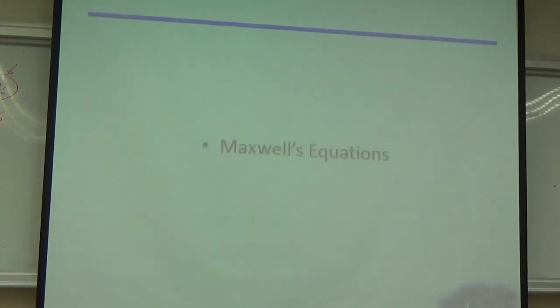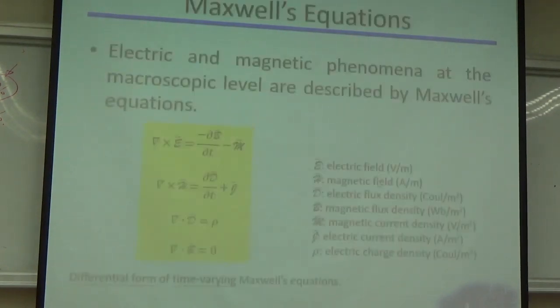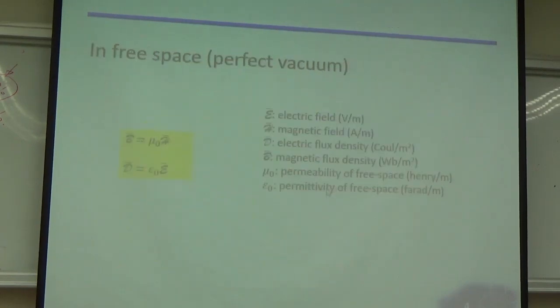Okay, this is a review. So we introduced Maxwell equations. I told you that you need to write them down, but there are more details I introduced last week. I spent a lot of time to explain all the notations, what they are, and what kind of condition they are, and the different forms.